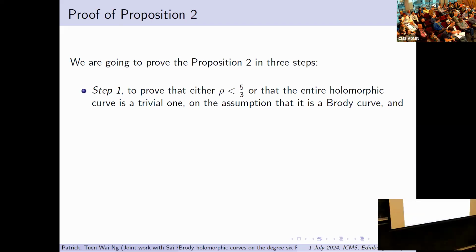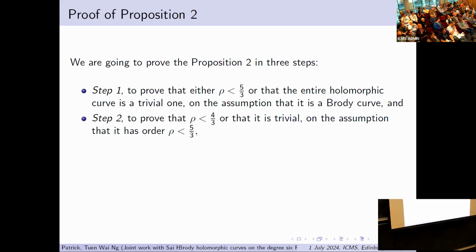We are going to divide the proof into the following steps. First of all, we want to prove that if our curve is a Brody curve and suppose it is non-trivial, then the order of this Brody curve would be strictly less than 5 over 3. So that's step 1.